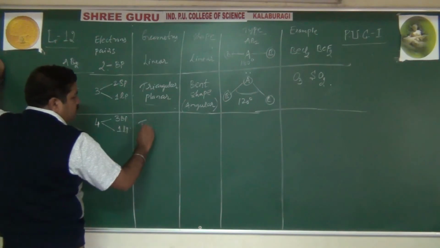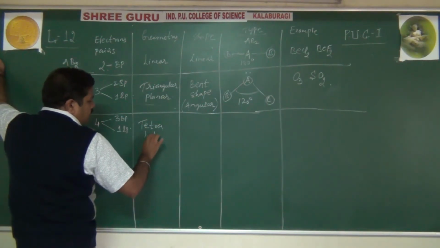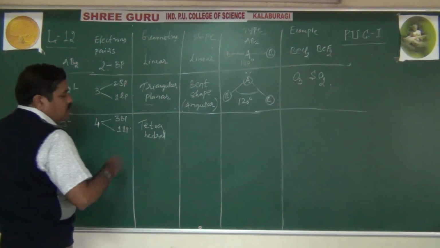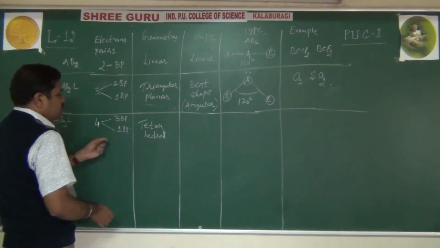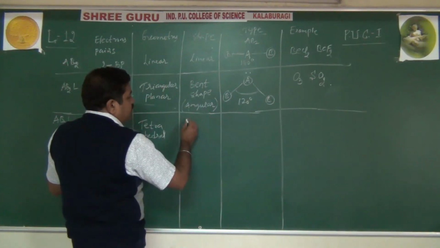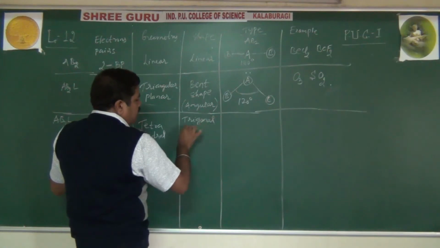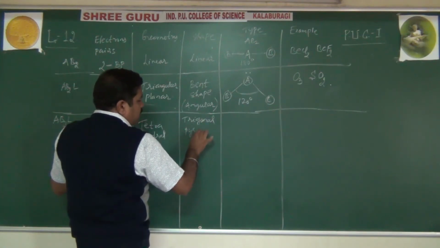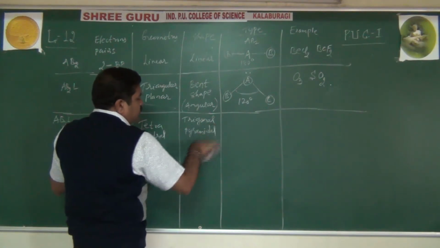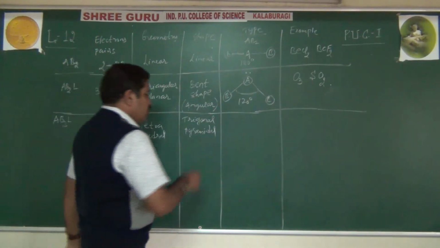So what is the geometry? Tetrahedron. But due to this 1 lone pair, the deviated shape is trigonal pyramidal. That's why 1 lone pair will distort the shape.